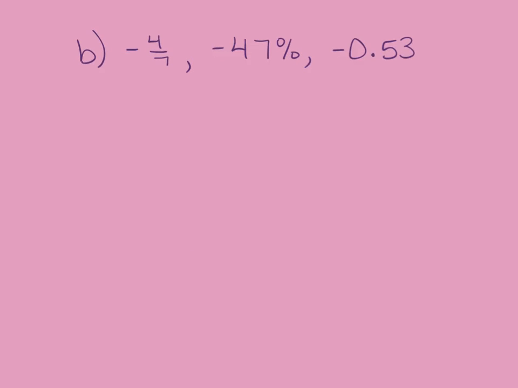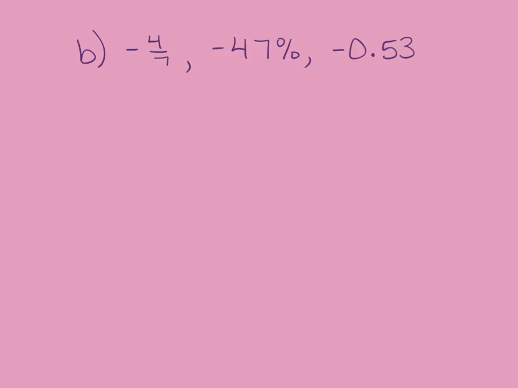B part, we have negative numbers. Negative 4/7, negative 47%, and negative 0.53. So we'll start this like we did with positive numbers. We'll change them all to decimals. Negative 4/7, when I divide in a calculator, is going to give me a decimal that goes all the way across my screen.